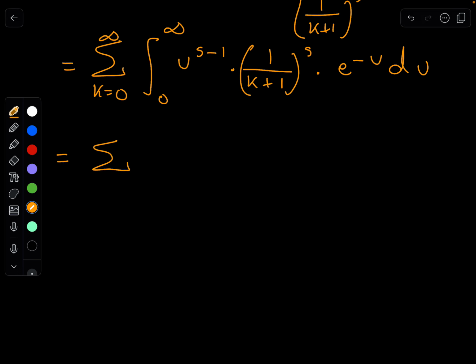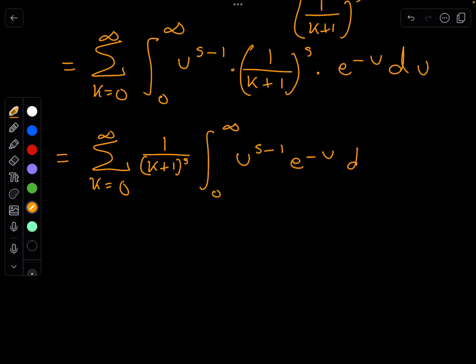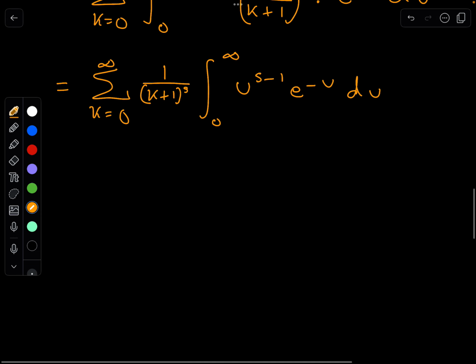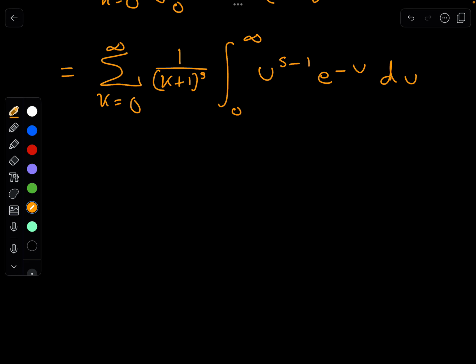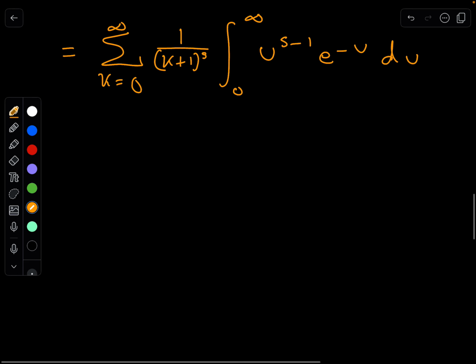So we can now rewrite this as the sum from k equals 0 to infinity of 1 over k plus 1, all to the s, multiplied by the integral from 0 to infinity of u to the s minus 1 times e to the minus u du. Both the sum and the integral have very well-known forms.